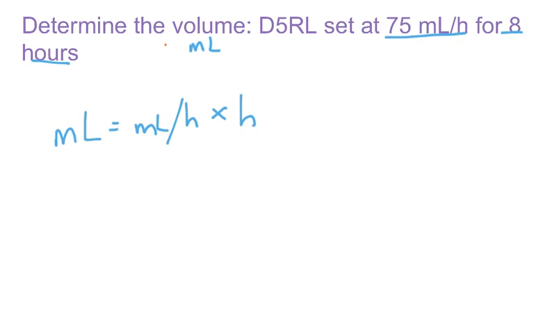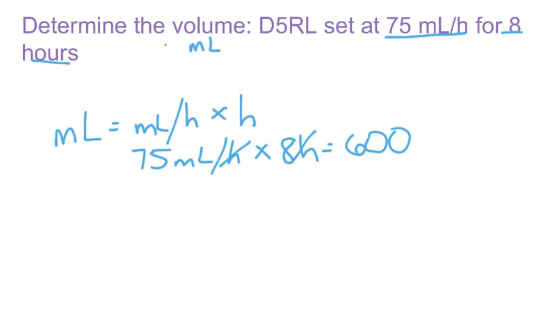So to write it out, it's 75 milliliters per hour times 8 hours. And those units would cancel. And then you just say 75 times 8, 600. And the unit left is milliliters.